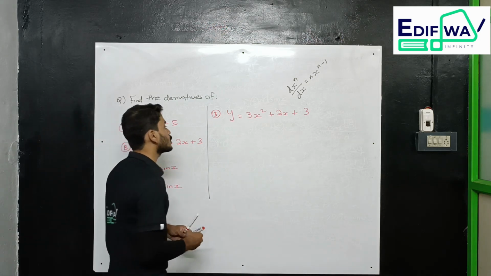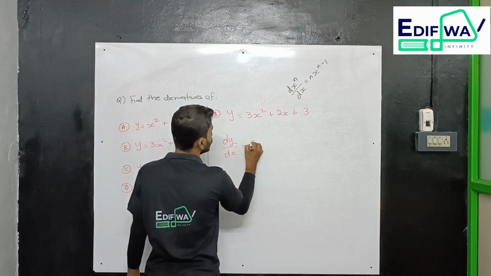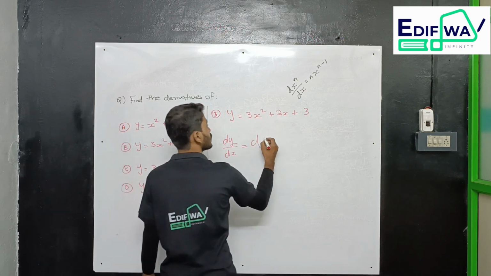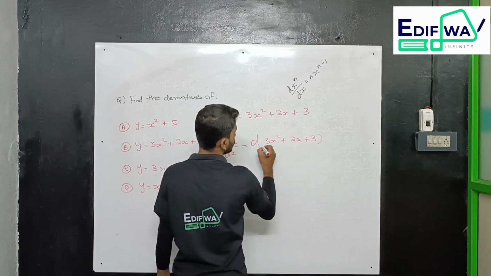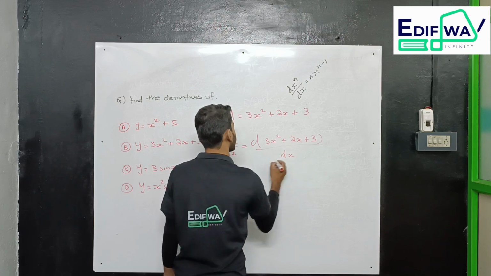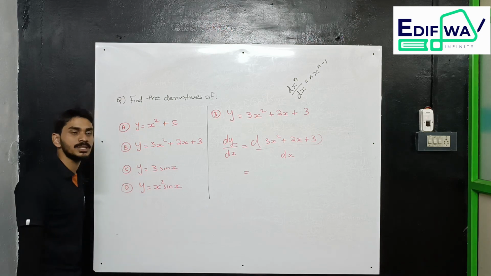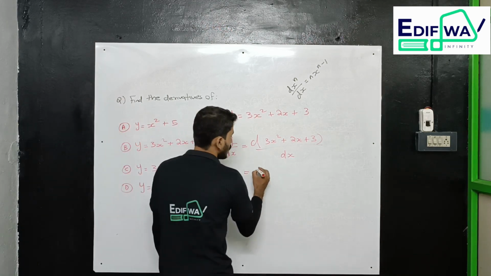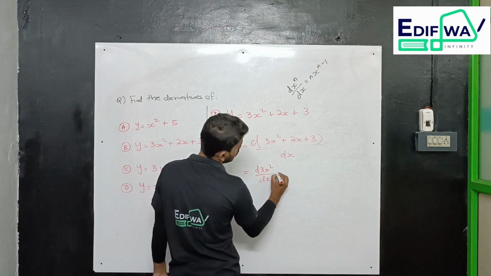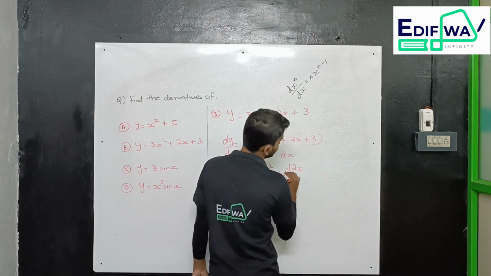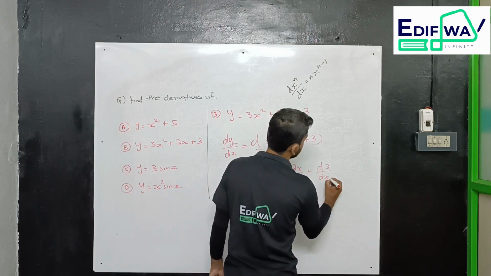Let's find out dy by dx. dy upon dx is equal to derivative of 3x square plus 2x plus 3, all divided by dx. Now there is a plus symbol in between the terms, so you differentiate them separately. That is derivative of 3x square with respect to dx plus derivative of 2x with respect to dx plus derivative of 3 with respect to dx.